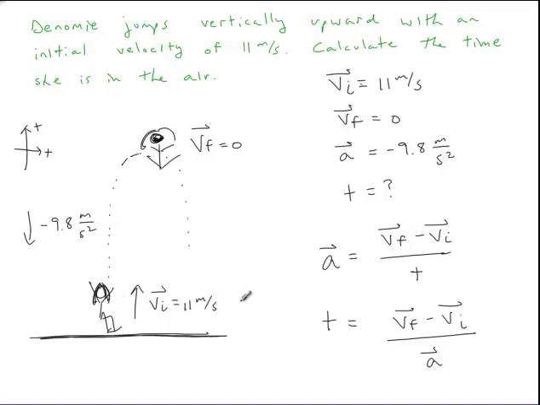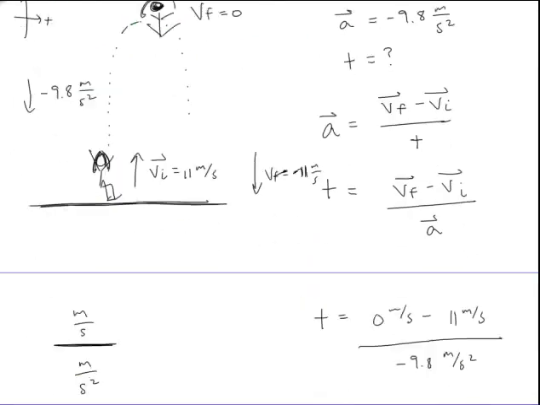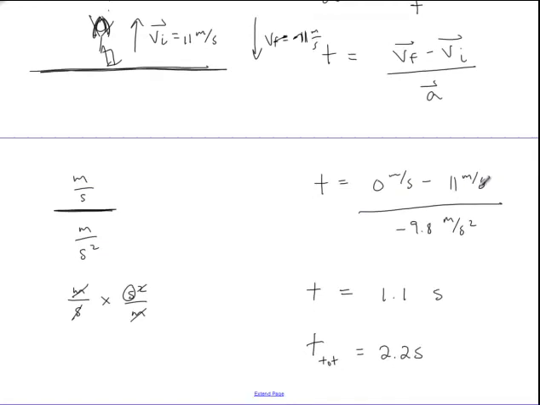And then when she lands, she's coming back down at negative 11 meters per second. Okay, she comes back down at negative 11 meters per second. So you could have used the entire projectile motion that she was in here, up and then back down, had VF as negative 11, and you could have got the complete answer right away.